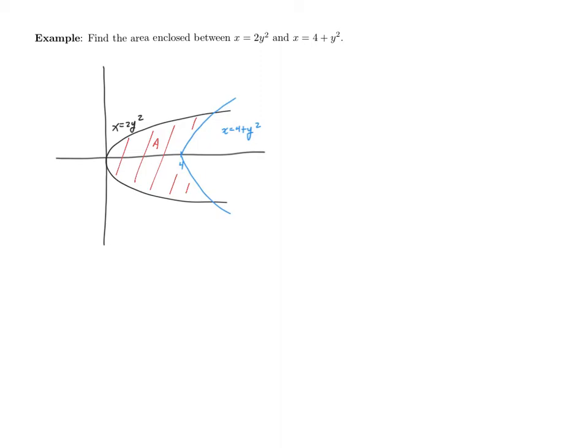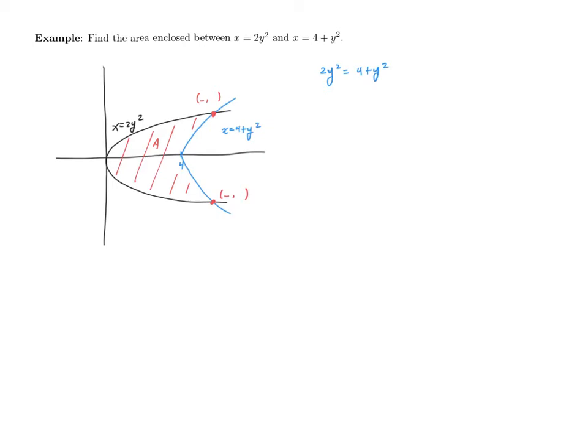Because we are thinking of these in terms of functions of y, what we need to know would be the y coordinates of these points of intersection. Now note, I don't care at all what the x coordinate is. I only care about the y coordinate. Setting these two curves equal to each other, 2y squared is equal to 4 plus y squared.